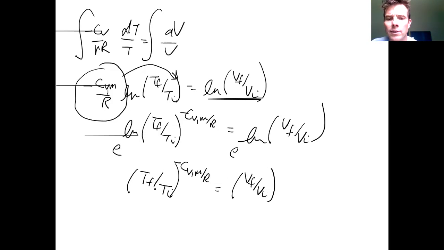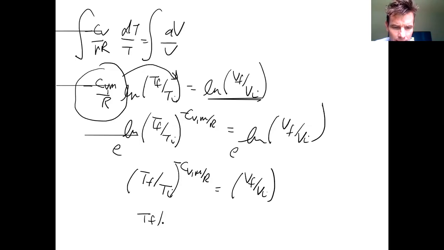Last but not least, I want to solve this for TF. What I'm going to end up doing is raising both sides to the R over CVM power.